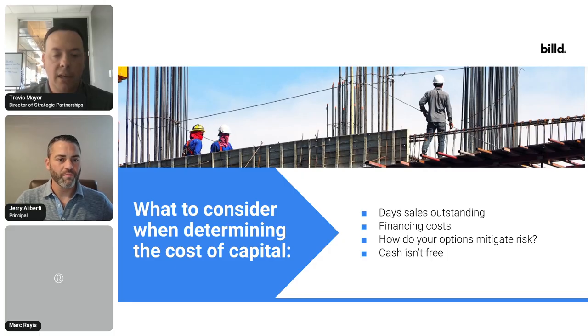Financing costs, right? Having financing options in place before you need them, and then knowing the costs of them. Having those processes and systems, like I use this option at these times, can go a long way to really minimizing the ultimate landed costs of your options. And then the different capital options that you have, how do they mitigate risk?